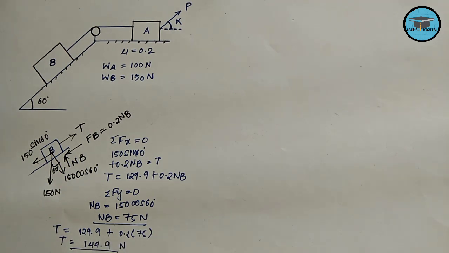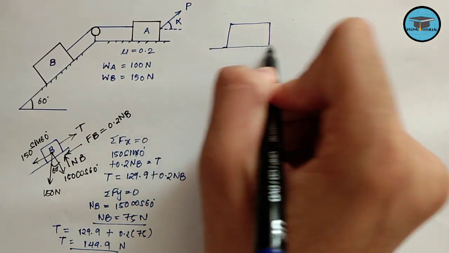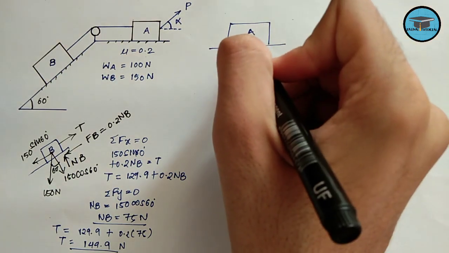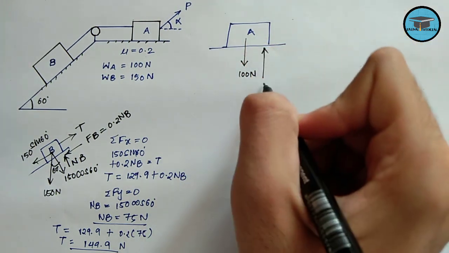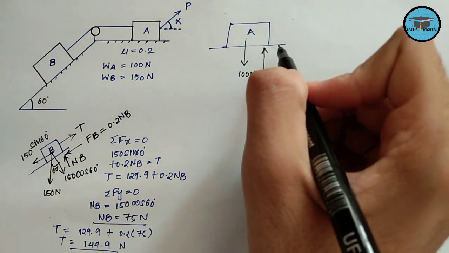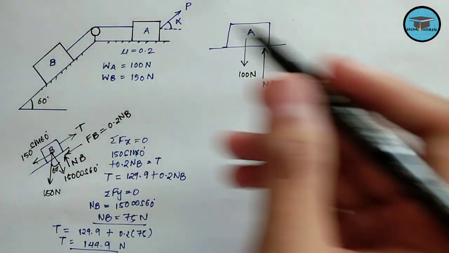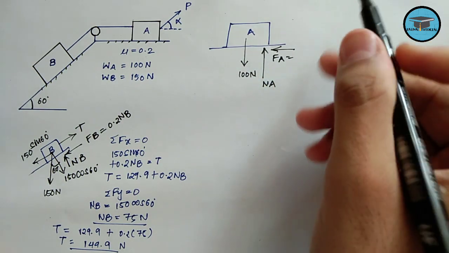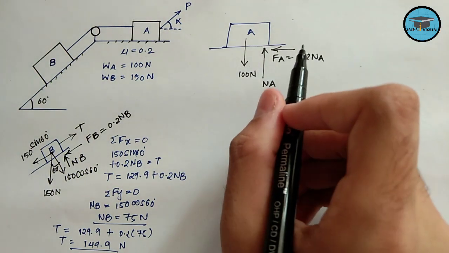Now we will draw the free body diagram of block A. This is block A. There will be a weight of 100 Newton acting in the downward direction. There will be a normal reaction perpendicular to the surface, named NA. This block is going to move in this direction, so the frictional force will act in this direction only, with magnitude Fa equals 0.2 times NA.